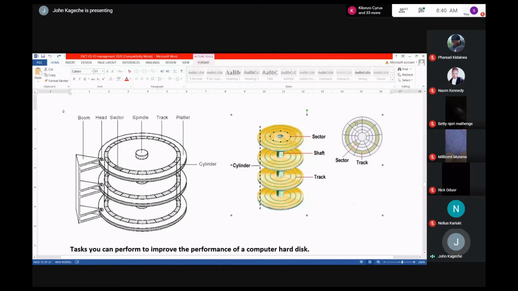Between this track and this track, that is what we refer to as the intertrack gap. The area between this track and the track that is already marked is what we refer to as the intertrack gap. So we also have the intersector gap, between this sector and this sector. And I think that one was not a problem if you were to draw.